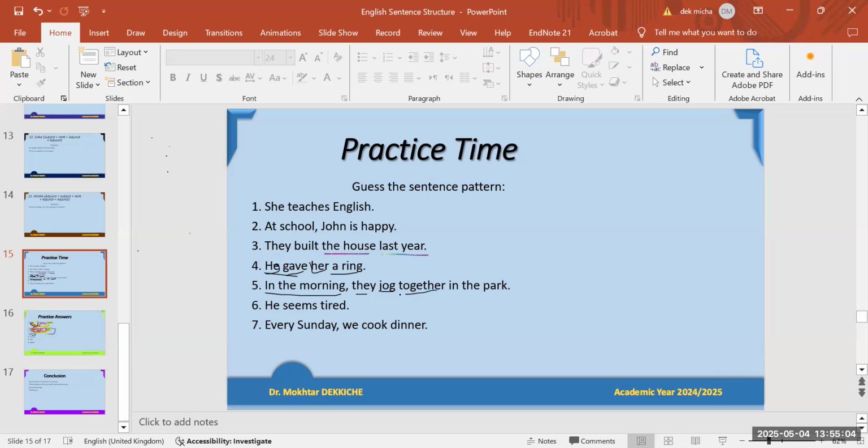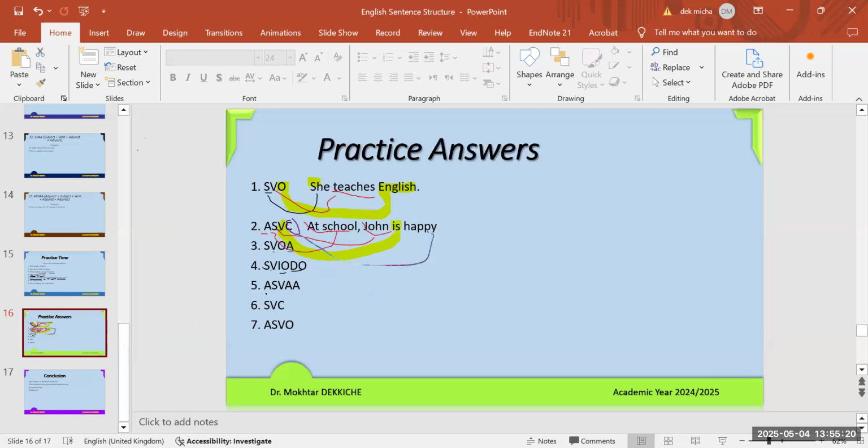How do they jog? They jog together. So together here is the first adjunct, and in the park is the second adjunct. So we have adjunct, subject, verb, adjunct, and adjunct.